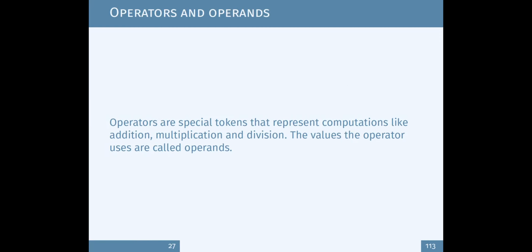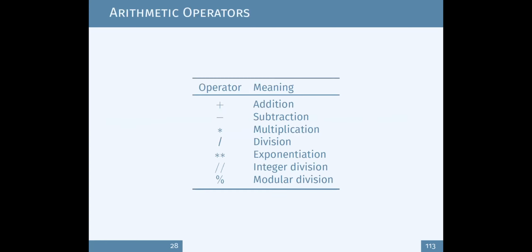Then Python operators. Now, when you want to perform different operations, we have to use different operators. Here is a list of arithmetic operators we have to use: addition, subtraction, multiplication, division, exponentiation, integer division, and modular division.